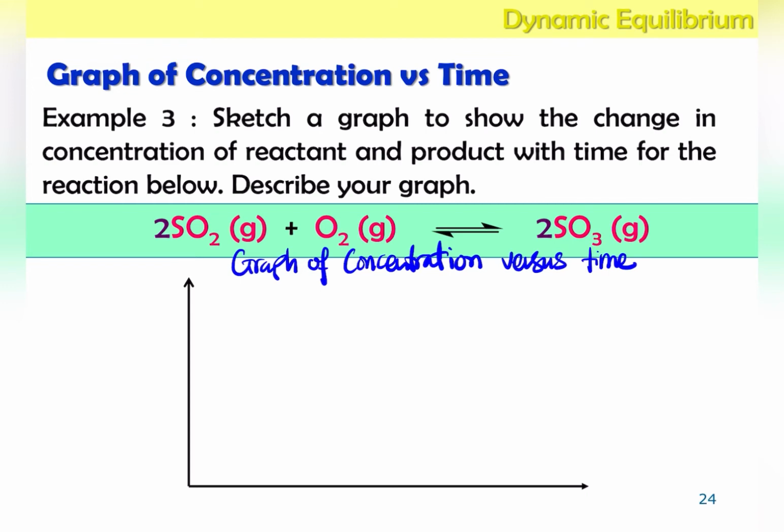For the y-axis, your axis is going to be concentration, and make sure you put the unit for concentration, which is molar. And the x-axis will be time, and the unit for time is usually second. What's next? We are going to draw the graph based on the species given.